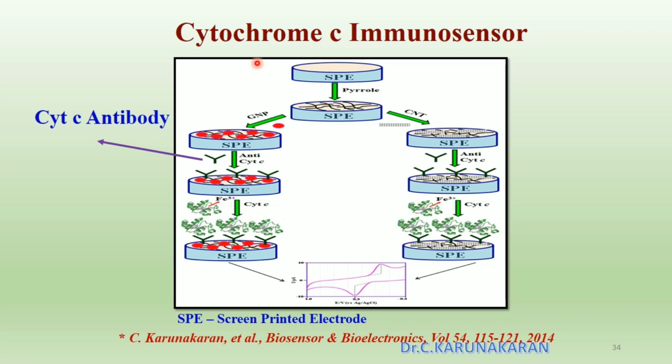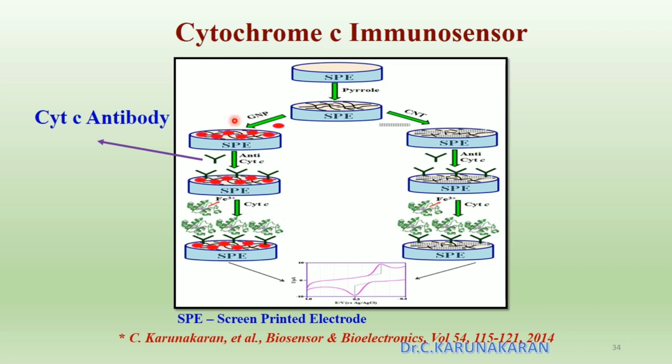In the previous work, we have developed an enzymatic biosensor. Now we have used the principle of antigen-antibody interactions and developed a cytochrome C immunosensor. In this, we have used two platforms, CNT and gold nanoparticle.